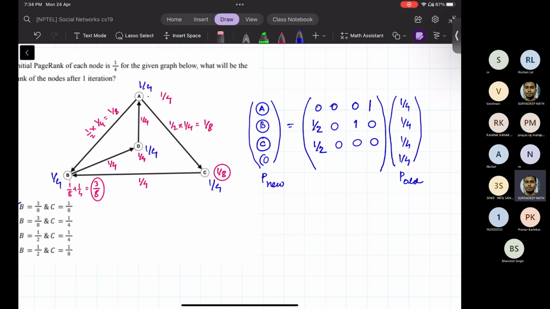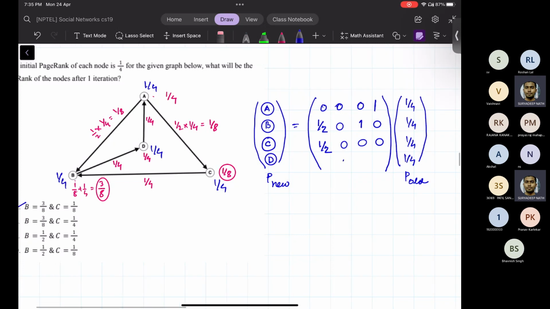And for node D, it gets the entire page rank from B itself. So this is the Markov matrix that gives you the page rank after one iteration.